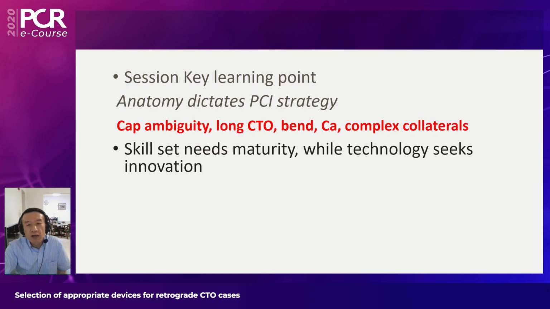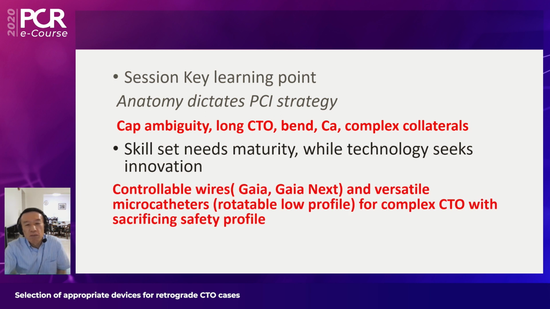But the skill set needs some time to grow and mature, while the technology seeks innovation to provide us an easier solution. So controllable guide wires such as Gaia Next will be ideal for short, straighter CTO, but versatile microcatheters, rotatable and low profile, in combination with game changers such as SO3 for collateral crossing, are required for the complex CTO without sacrificing the safety profile.